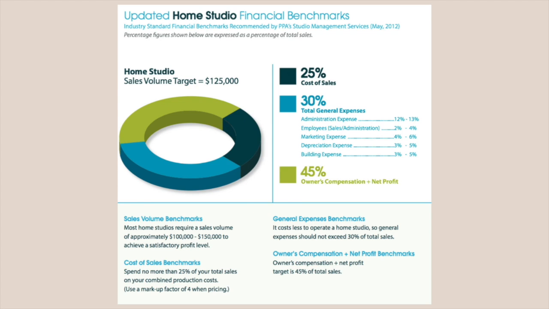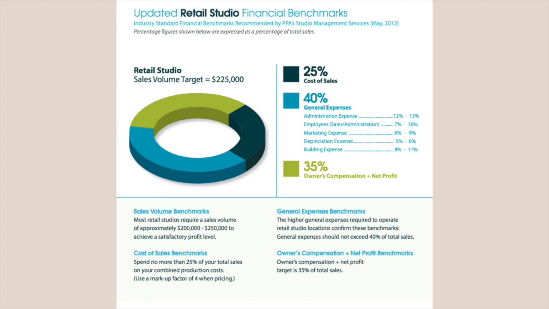If you have a home-based studio, you get to keep 45 cents, then pay taxes on that. So let's just say you do $100,000 in sales, you'll be able to keep $45,000 if you're home and $35,000 if you're in a studio.